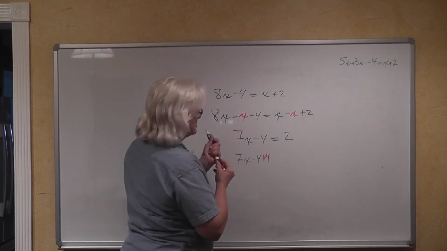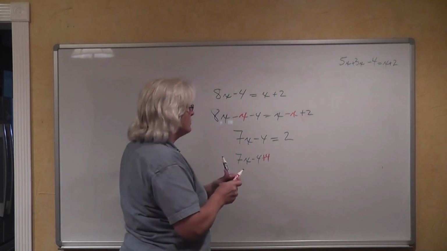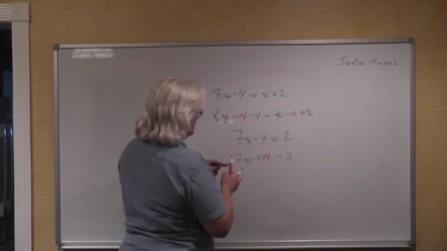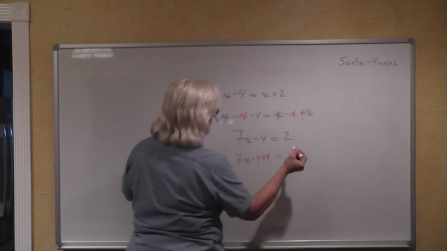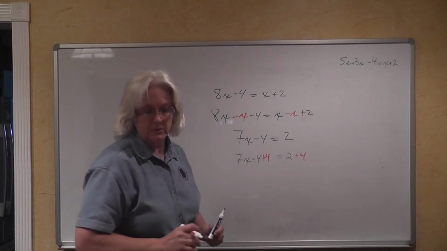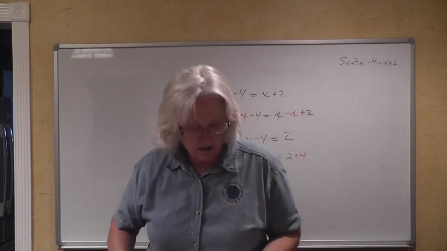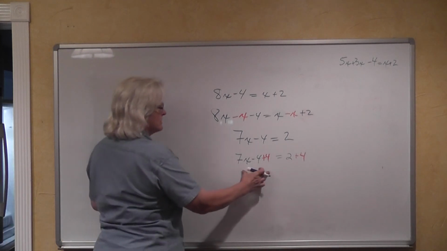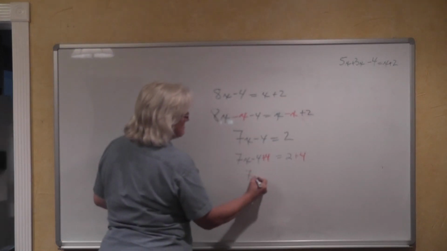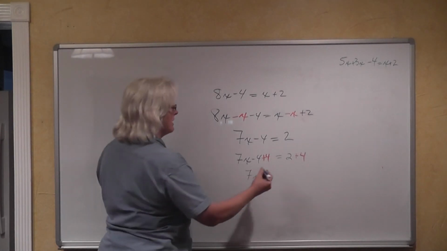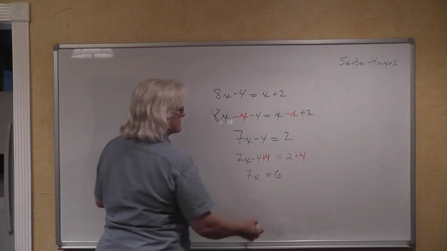And I have to make certain that I add to both sides of the equation because that equation has to remain balanced. Plus 4. Now, see what happens. 7x minus 4 plus 4 is plus 0. So I can just say 7x is equal to 6.